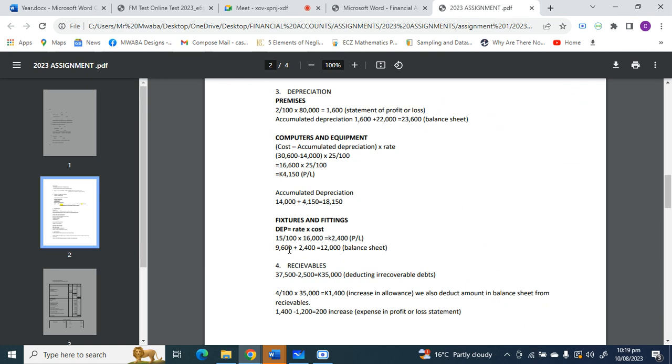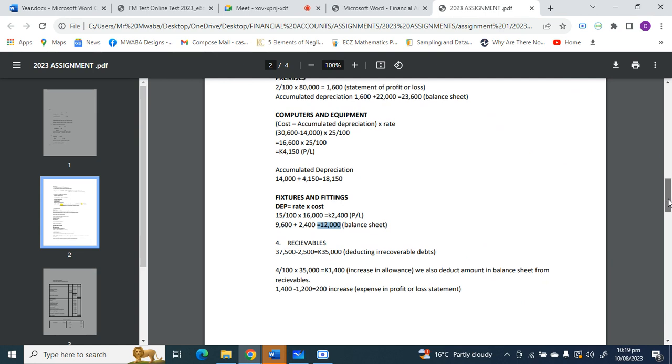Then we add it to accumulated depreciation, 9,600 plus 2,400, 12,000. So these accumulated depreciation amounts, this 18,150, 23,600, and 12,000, we're going to see them in the statement of financial position on the part for the non-current assets. Any questions before we go further?